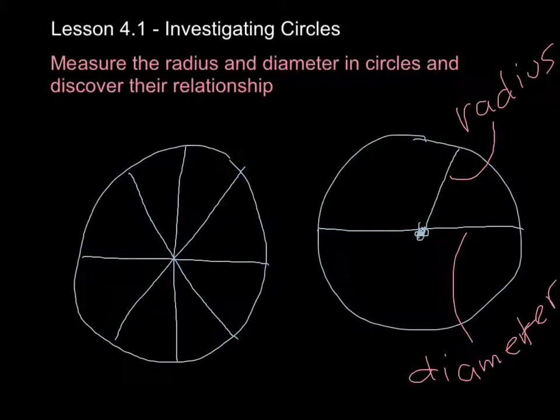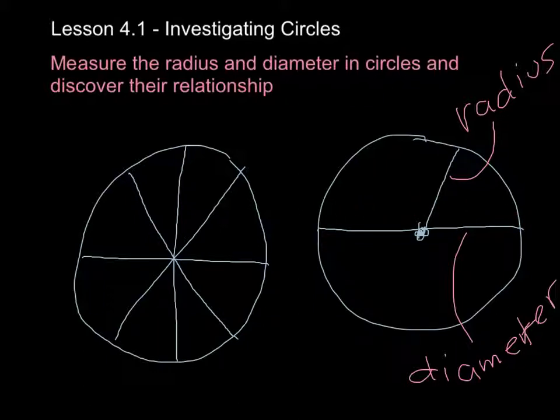And so again, just to stress the importance of this diagram and what it means, for any circle, your diameter is essentially 2 times the length of your radius. If I have one radius and two radiuses, or the length of a radius multiplied by 2, it would give me the length of my diameter.